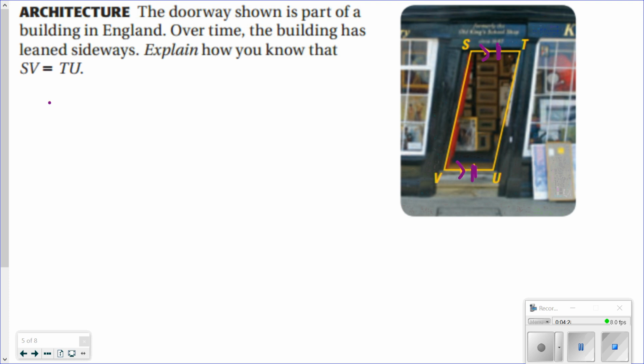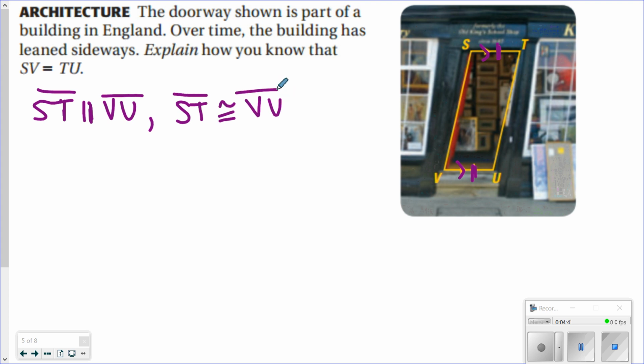So we know that ST is parallel to VU, and we see that ST is congruent to VU.